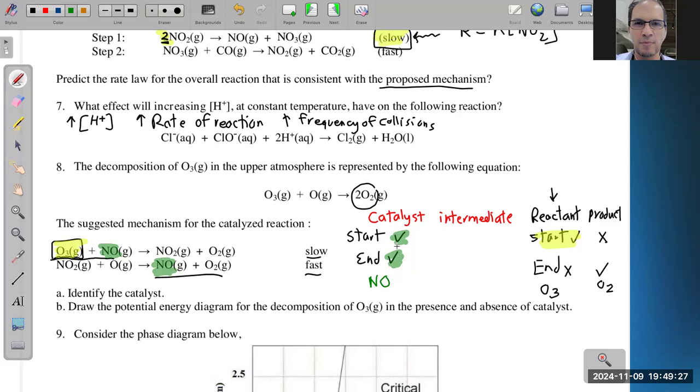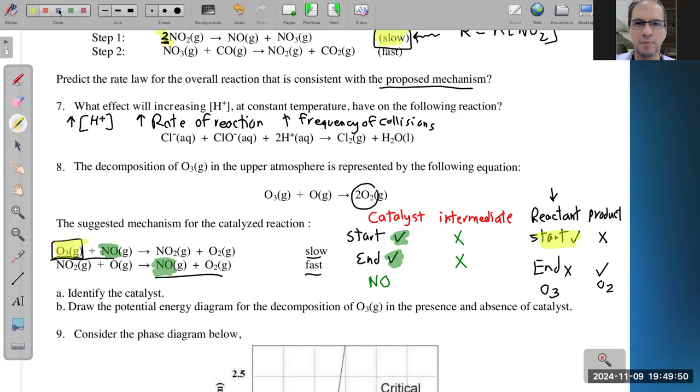طب what about the intermediate? What is the intermediate? The intermediate is a substance that's produced in the middle of the reaction. So it's not at the start and not at the end. ازاي يا مستر not at the start؟ يعني لا موجود في الأول ولا موجود في الآخر. It's something which is produced in the middle of the reaction in one of the steps and then disappears.